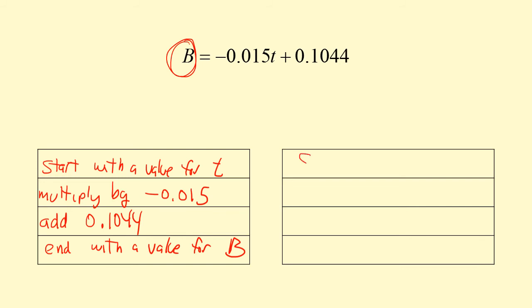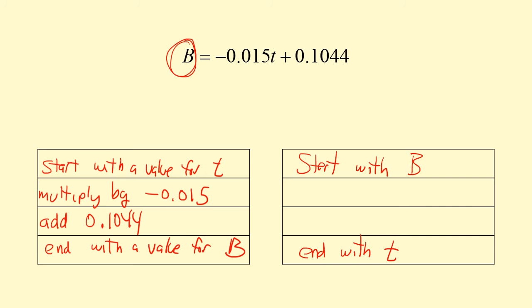So let's start with B. And they're asking how much time will it take for his blood alcohol content to reach this level. So we're starting with B, and since the question is asking about time, we hope to end with a t value.